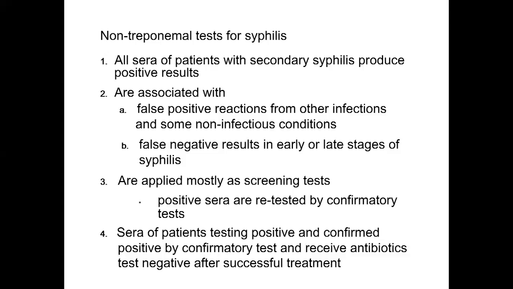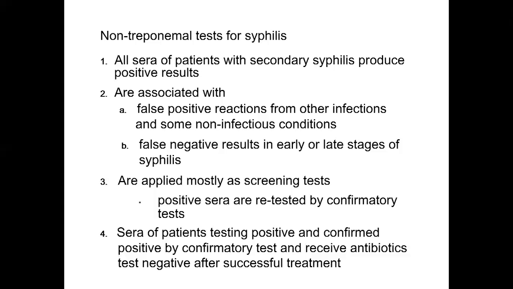Then again, important information about them is that the sera of patients testing positive are subjected to a second group of tests, the confirmatory tests, and if those turn out to be positive, together with the clinical information, the patient is confirmed to be having syphilis.